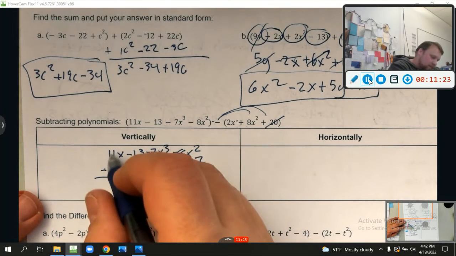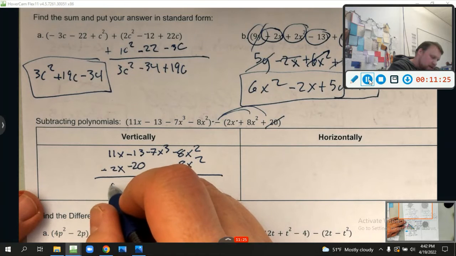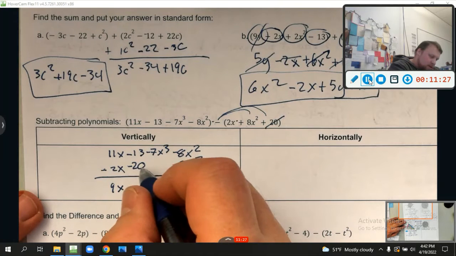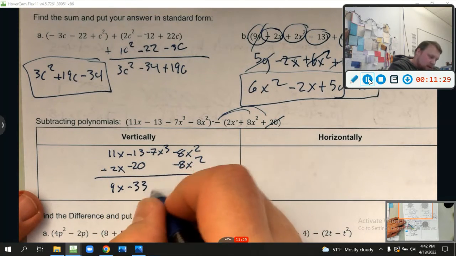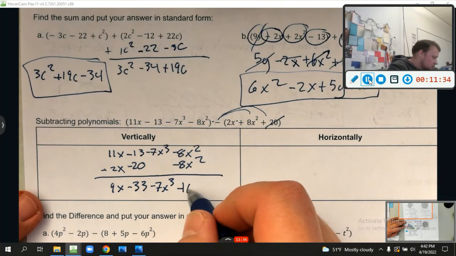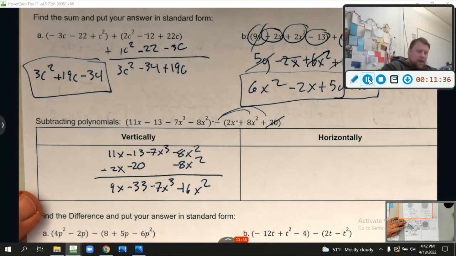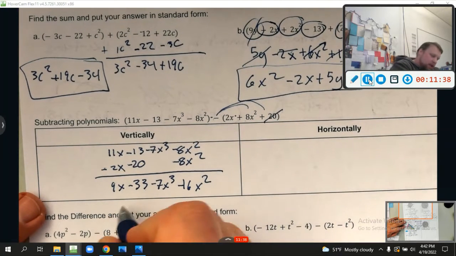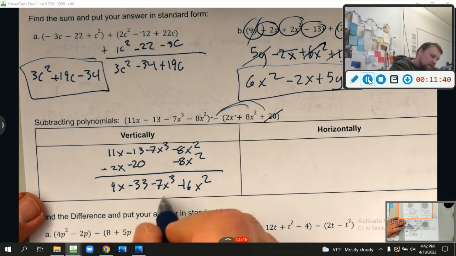And I'm going to get what? 11x minus 2x is 9x. Negative 13 minus 20 is negative 33. Minus 7x cubed. And then minus 16x squared. And then I didn't give you tons of room, so I'm just going to put it down here. Let's put it in order. The biggest leading exponent we have is negative 7x cubed.